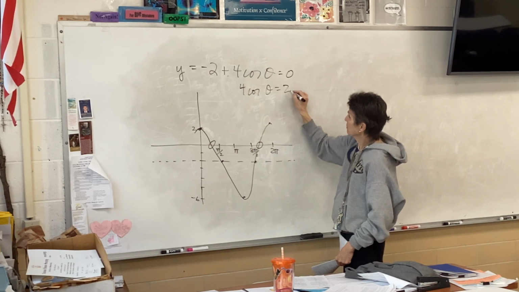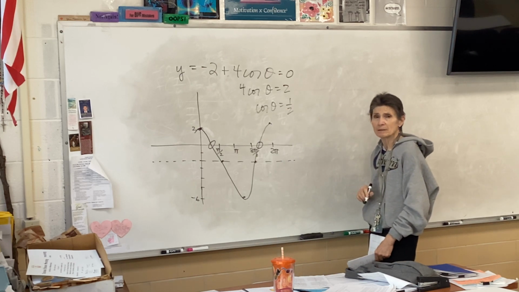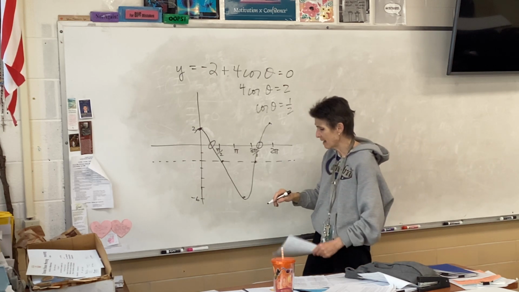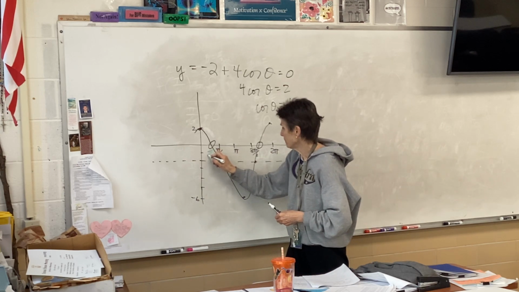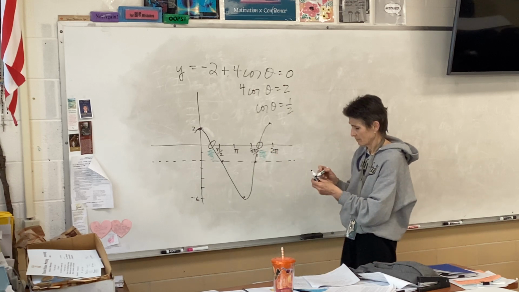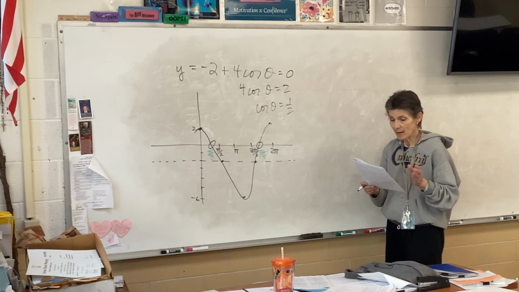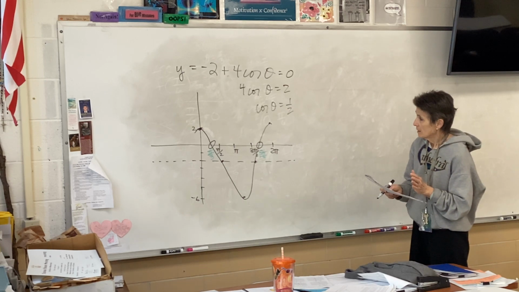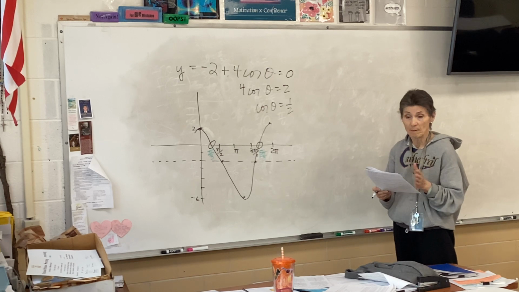So 4 cosine equals 2, cosine equals 1/2. Where does that happen? Cosine is 1/2 at pi over 3 and 5 pi over 3. Okay, so now I have maybe not all of my function values, but I have a bunch of them.